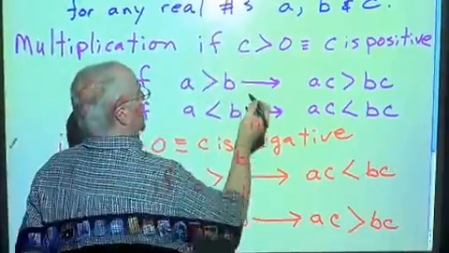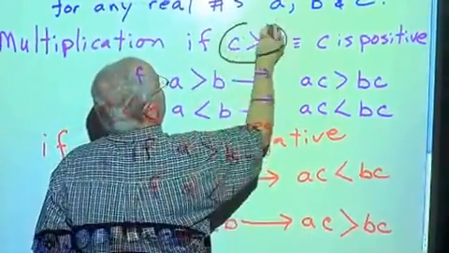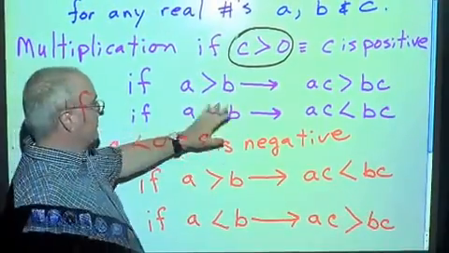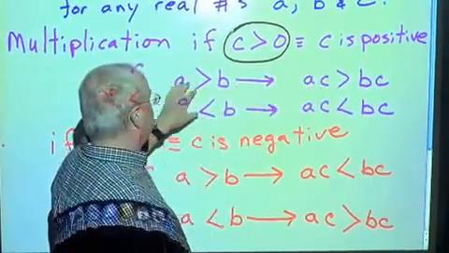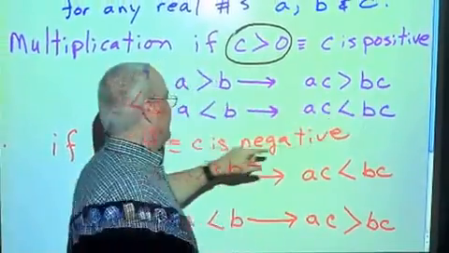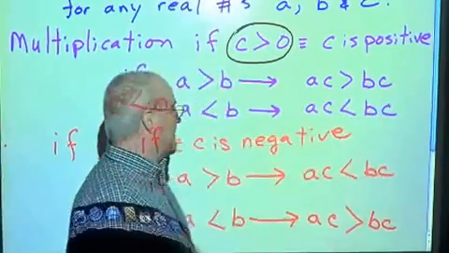Notice that for C greater than 0, positive, the signs go the same way. A greater than B, AC is greater than BC. A less than B, AC is less than BC.